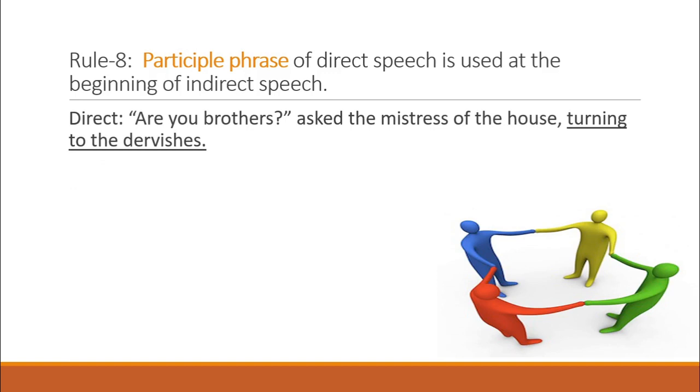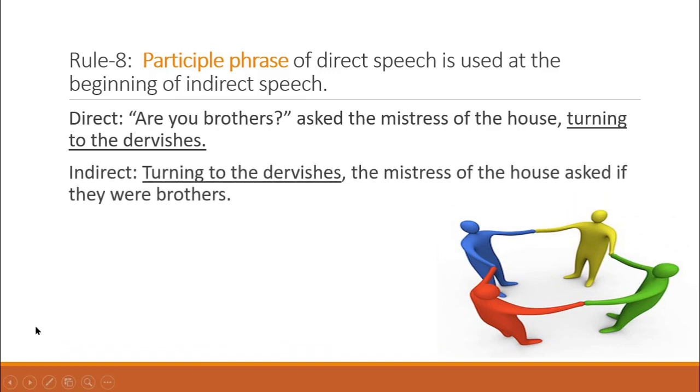For example, "Are you brothers?" asked the mistress of the house, turning to the dervishes. So here "turning to the dervishes" is a participle phrase. So let's convert this sentence. Turning to the dervishes, the mistress of the house asked if they were brothers.